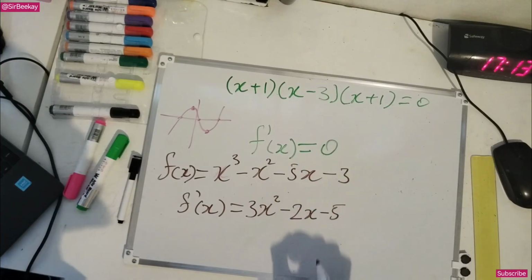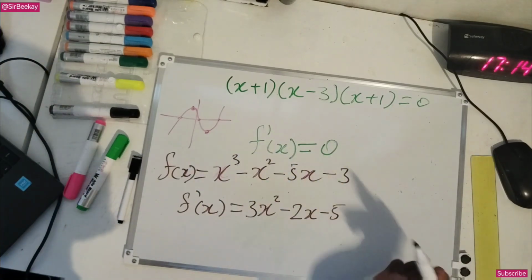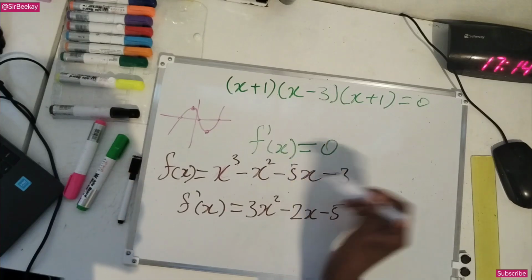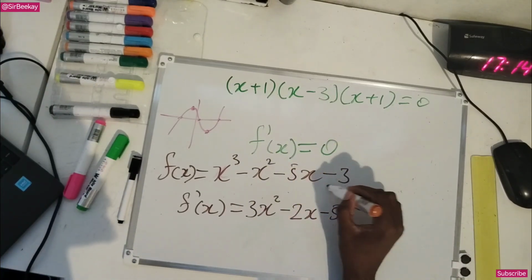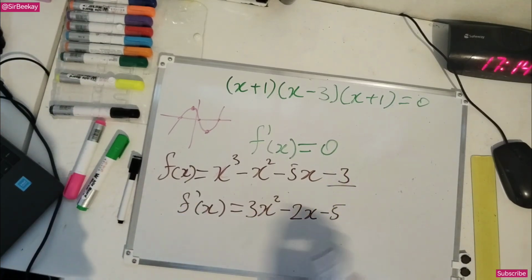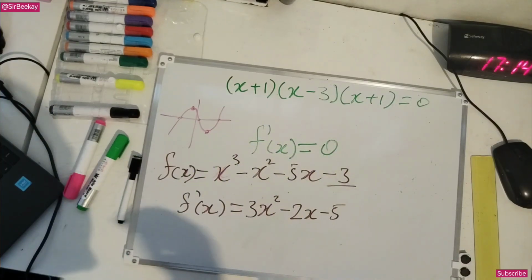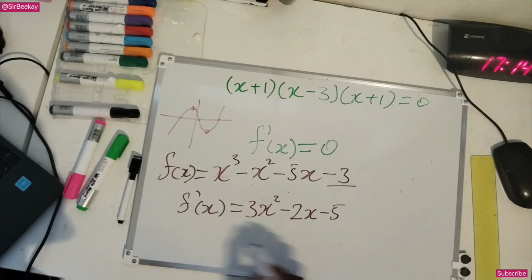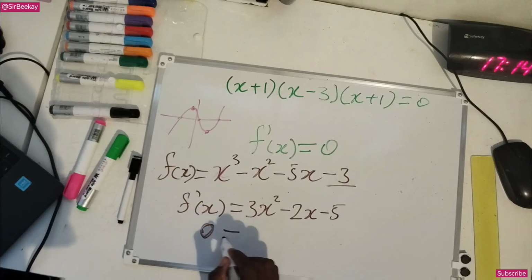And then we're going to minus the 1 from the exponent, and it becomes exponent 0. Anything exponent 0 is 1. So negative 5 times 1 is negative 5. And then the constant over here, we just simply ignore it. We change it to be 0. So this is our derivative of the cubic function. So the derivative of the cubic function is being equated to 0.